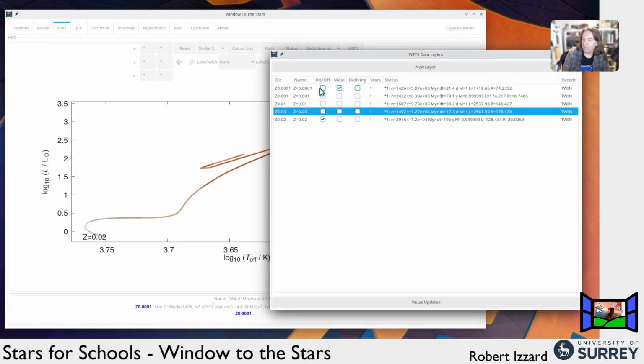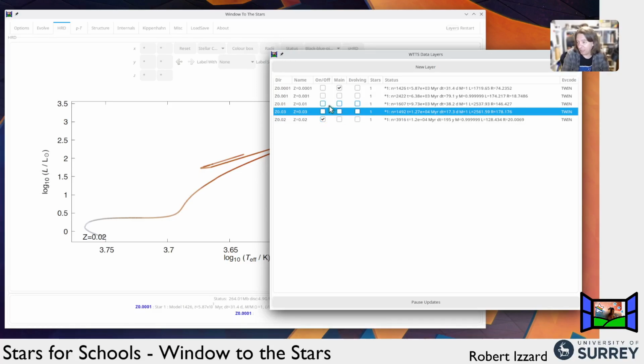And I've made several of these here. I've got the solar one, which is 0.02. That's the one you're seeing now, because that's the one ticked on. But I've made some at 0.03, that's higher metallicity. I've also made them at lower metallicity, so 0.01, 0.001, and 0.0001. I have to make sure I can count that many. So these stars are much lower metallicity than the sun.